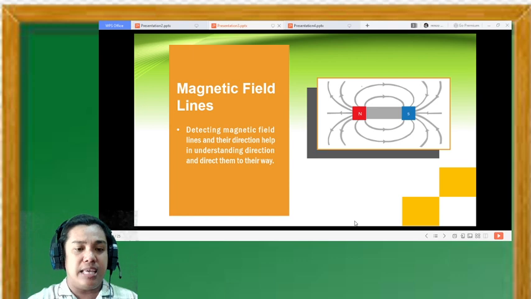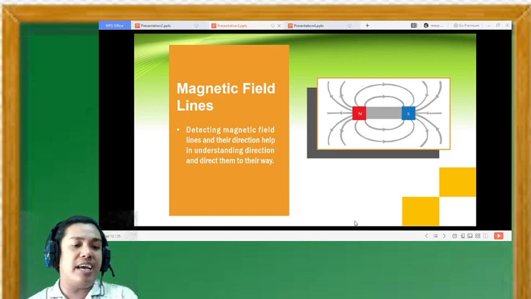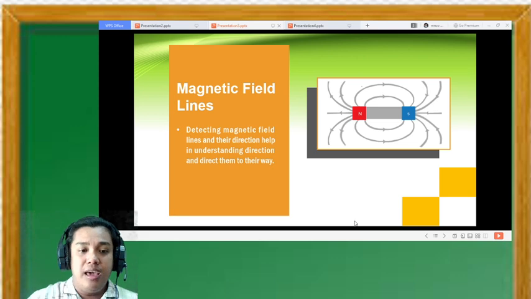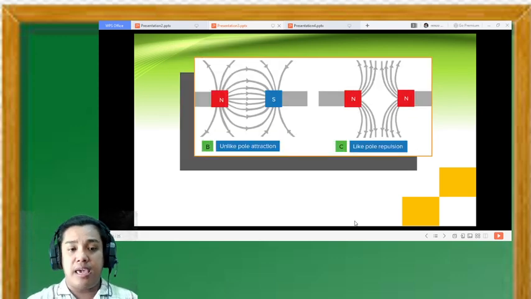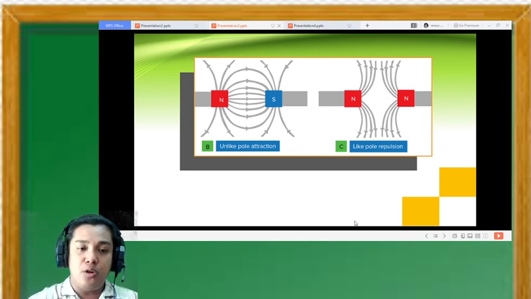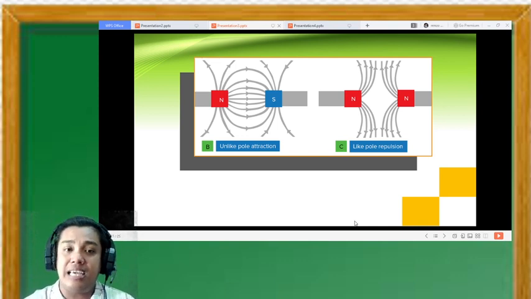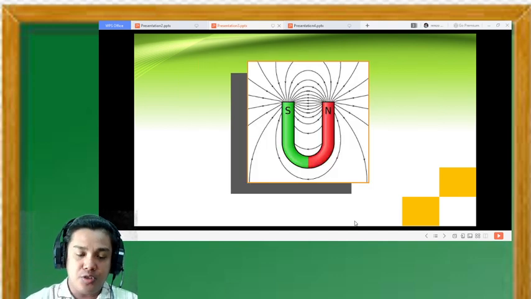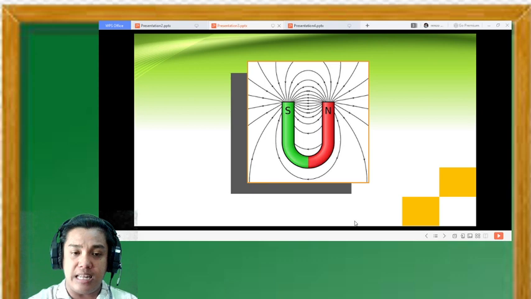Magnetic field lines help in understanding direction, for example for unlike poles and like poles. Unlike poles attract each other, while like poles repel; they do not stick together. Unlike poles stick together and attract each other. So this is the magnetic field line of the U magnet.